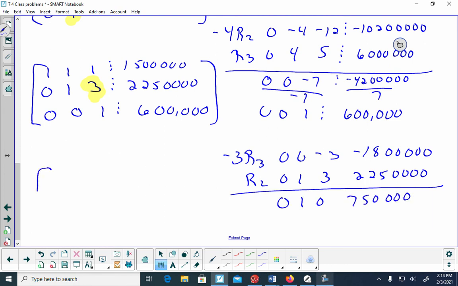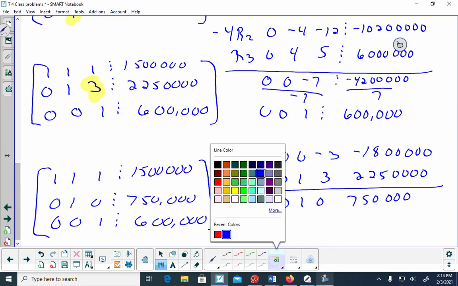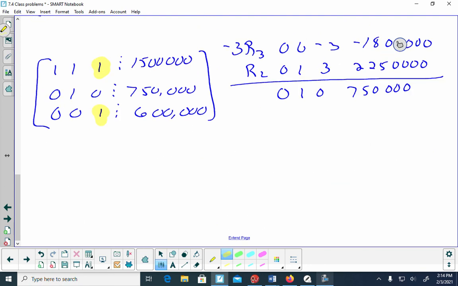So now I have 0, 0, 1. And then I'm going to do row 1 and row 3 to eliminate that y, so which means I'm just going to do -R3.